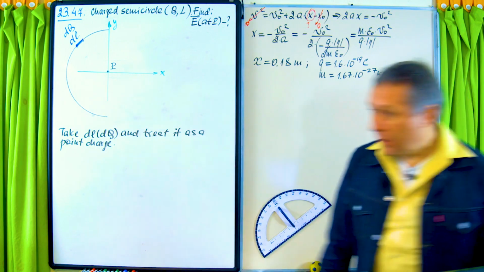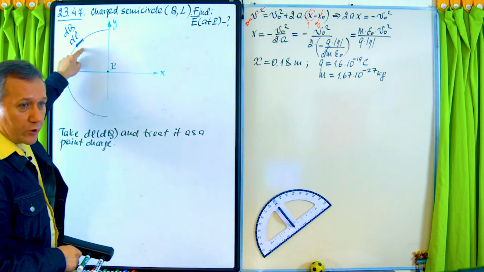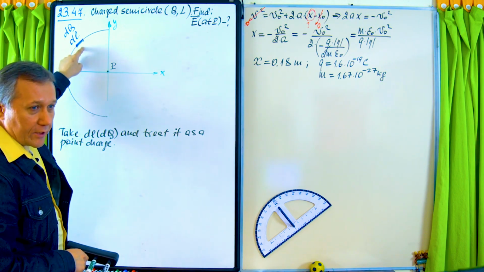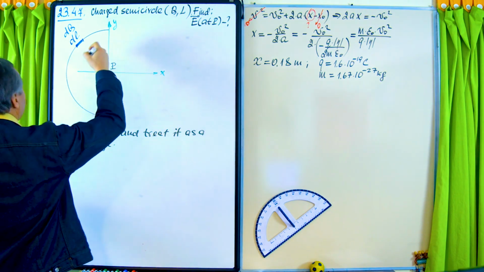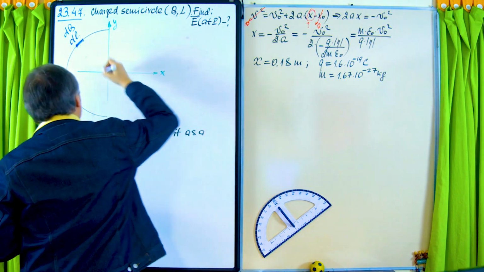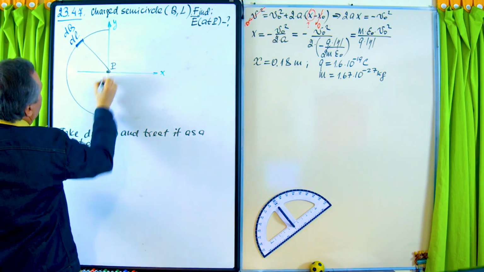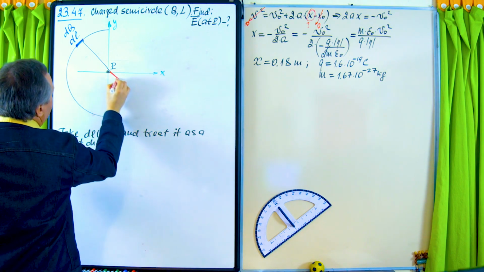Okay, so now, first of all, we can draw the contribution to the net electric field at this point from that small section dl, right? Okay, so of course the electric field will be along this line.